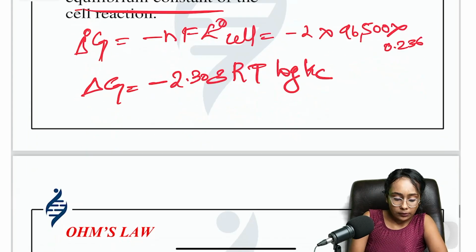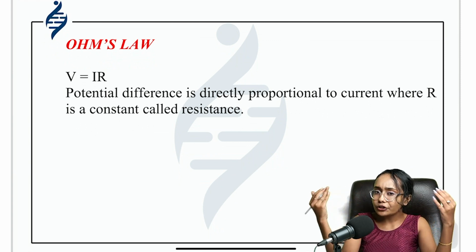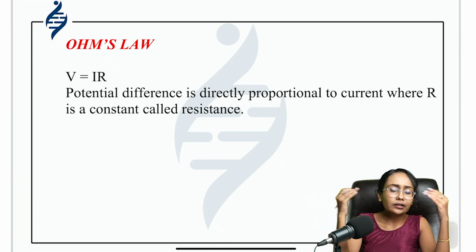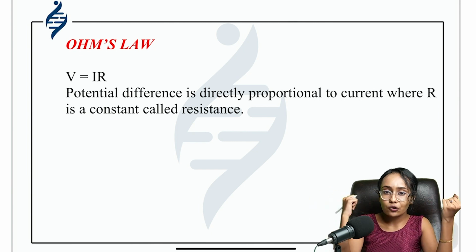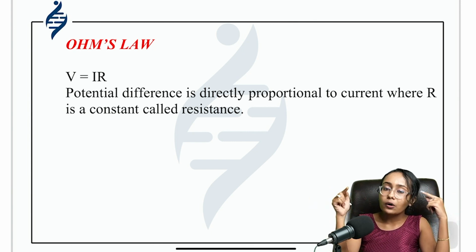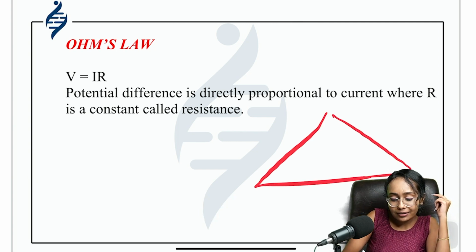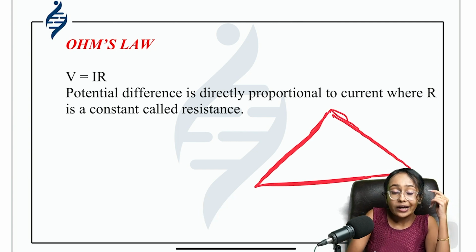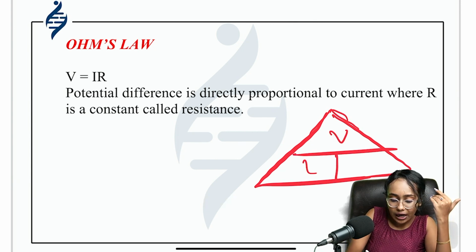Okay, that's all. Now coming to Ohm's law. From standard 8 or standard 9, you might have studied Ohm's law in every class, right? So what is Ohm's law? When I think about Ohm's law, what comes to my mind very soon is a triangle. When I was at school, I was taught Ohm's law like this: VIR.